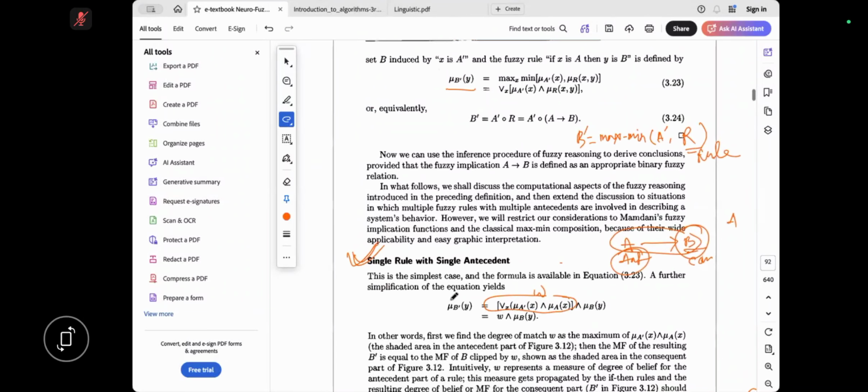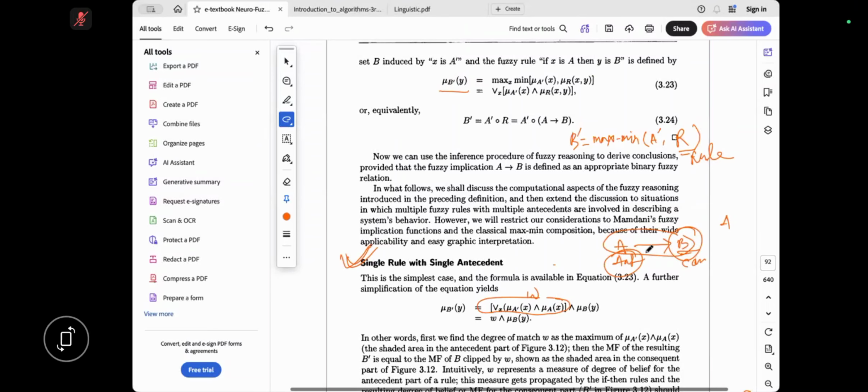Hence, if A implies B is given, how to calculate B dash? Applying maximum composition, you will get this, then intersection with B. Then you will get B dash. This will give you B dash as the formula.